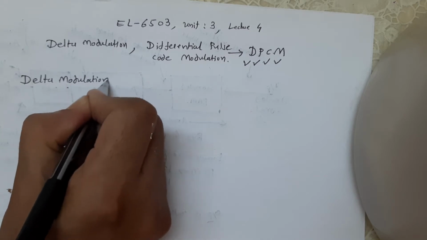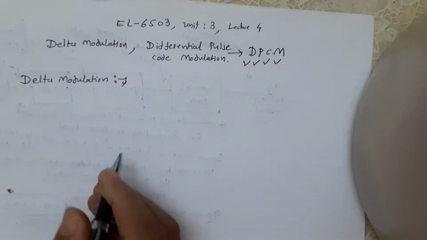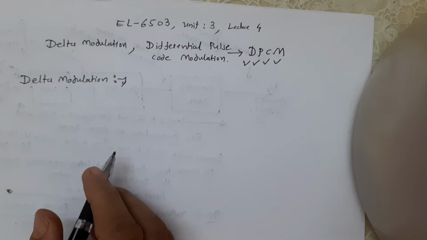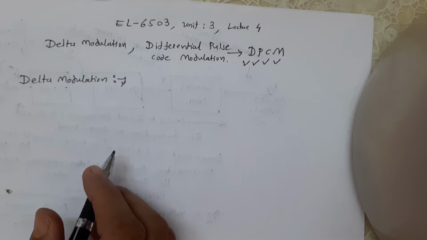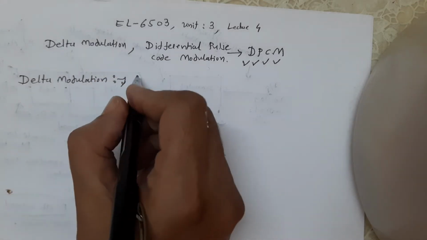What is delta modulation? Delta modulation is obtained by simplifying the quantization and encoding process of PCM.